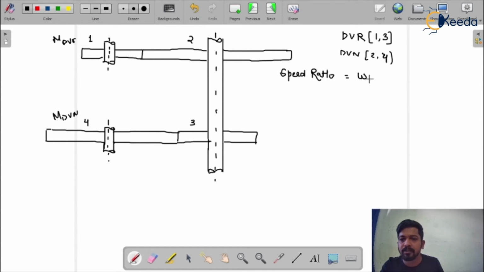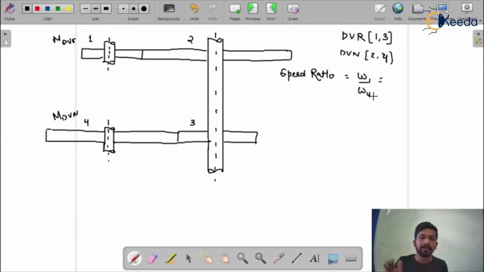So I can calculate the speed ratio omega 1 upon omega 4. What would be the formula? It would be the product of the number of teeth on the driven upon the product of the number of teeth on the driver.